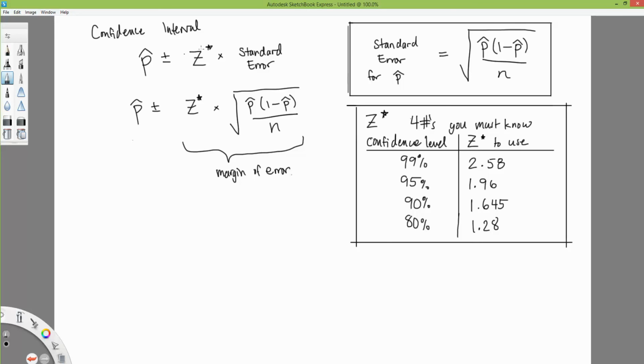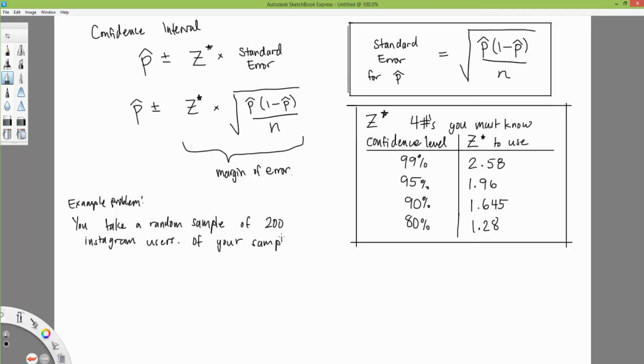All right, so let's try a problem here. Okay, so example problem. You take a random sample of 200 Instagram users. All right. So somehow you got a random sample of Instagram users. Okay. Of your sample, 132 are women.